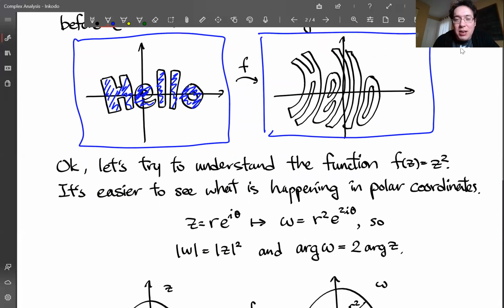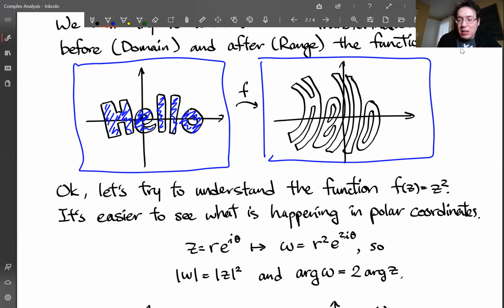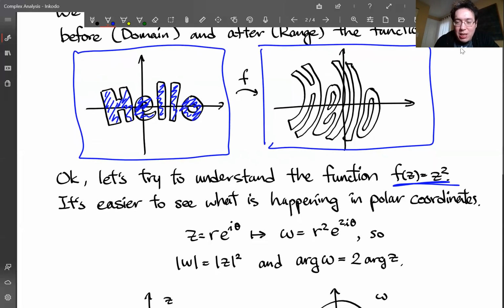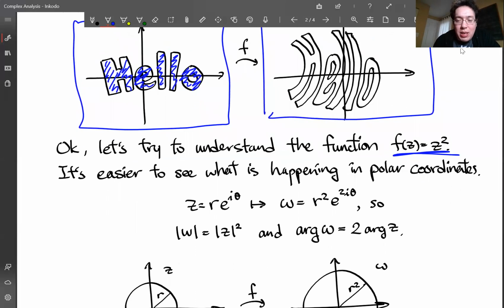Okay, so let's try to do this picture with the function z squared. Let's make it a little bit easier by not doing z squared plus c, but just trying to understand what the square function is doing. To understand the square function, it's easier to do it in polar coordinates.